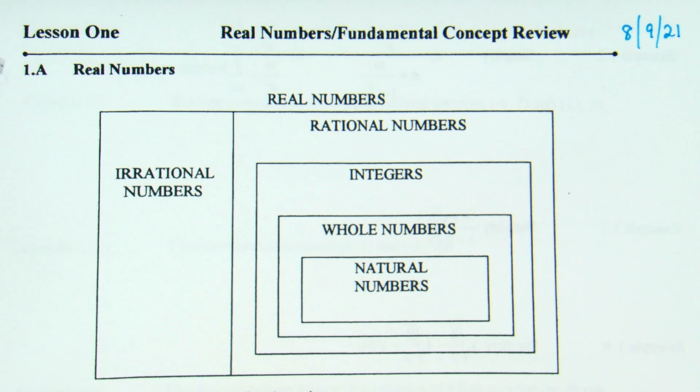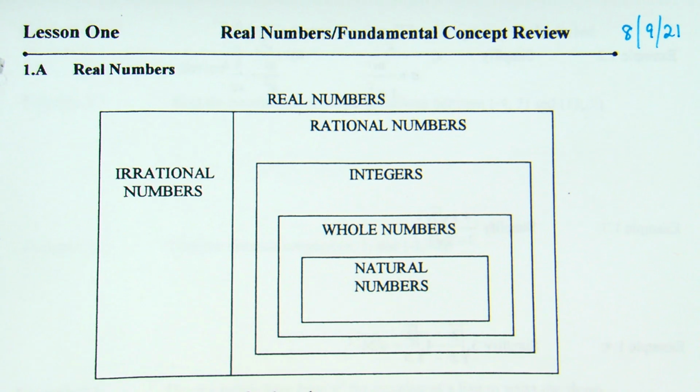Okay, so up at the top is kind of a diagram there. Real numbers. If you recall, everything we work with, for the most part, falls under the real number umbrella, except imaginary numbers, which I'm trying to think if we ever use in calculus. I'm not sure that we do.